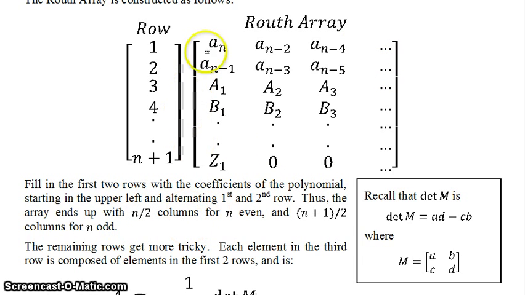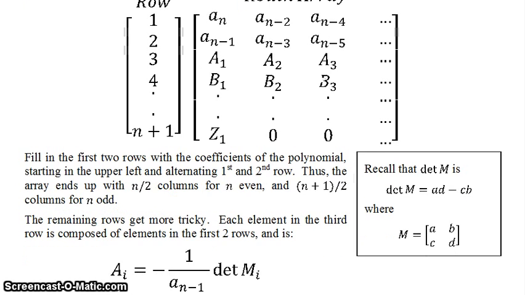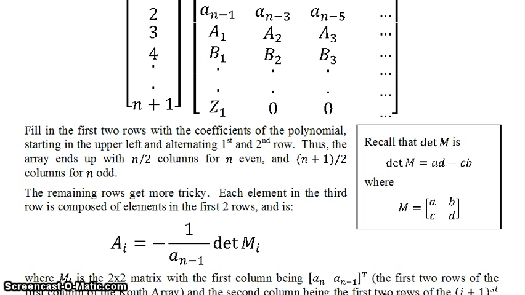After you fill in those first two rows, which is pretty easy, the remaining rows get a little bit more tricky. Each element in the third row is composed of elements in the first two rows, and each element is defined as follows.